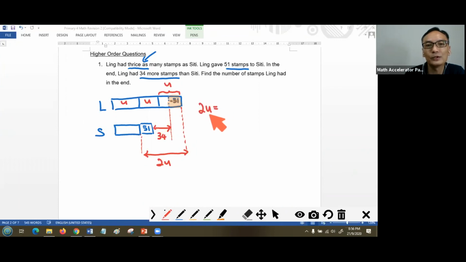The value of 2 units should be 51 plus 34 plus 51. So let's try. 51 plus 34 plus 51. Can you help me add up everything? Yes, right? If you add up everything, you should get 136.